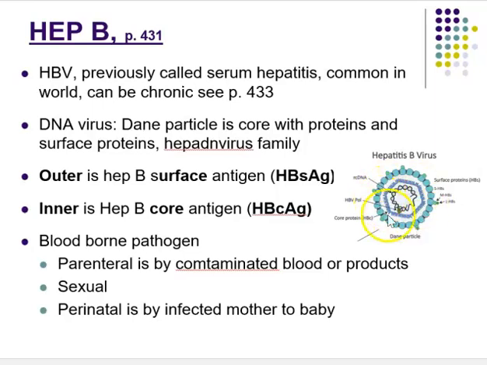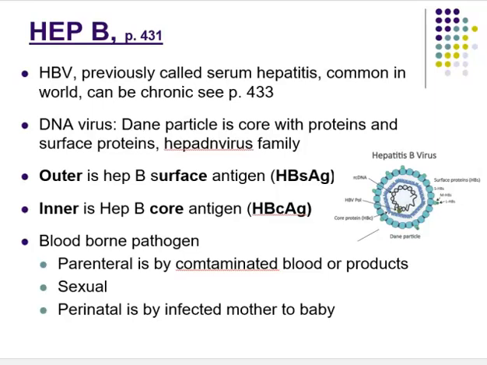You have core proteins, and you also have surface proteins. Hep B is part of the hepadnavirus family. The outer protein is the Hep B surface antigen, known as HBsAg. The inner protein is the Hep B core antigen, known as HBcAg.